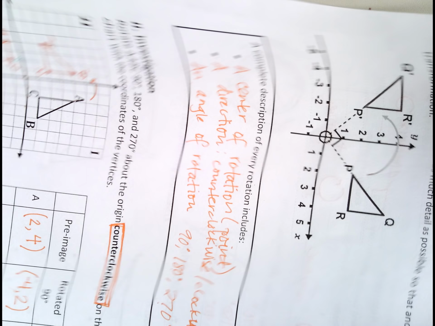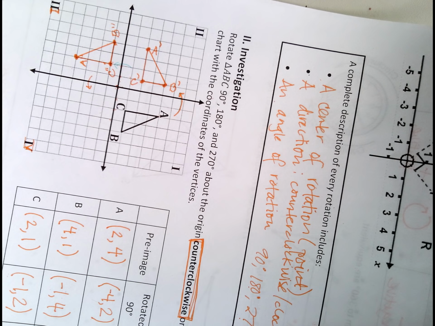So that's 1 turn. Okay, again, let me just show that to you. Again, I'm going to kind of lift up my monitor here. So 1 turn, 2 turns, and 3 turns. So I literally just turned my grid 3 times, all right?